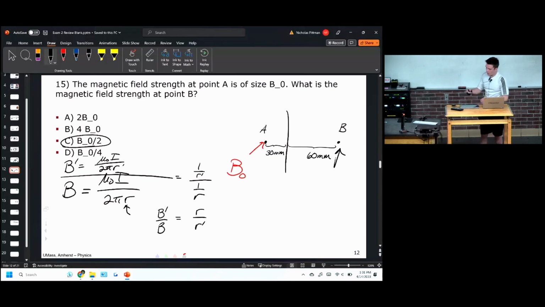And r over r prime, r old over r new, is 1/2, because r prime is twice as big. So that tells you that b prime is 1/2 of the original b. This is the very formal way, but if the distance is double, it's very easy to look at the formula and say if I make r twice as big, b goes down by 1/2.